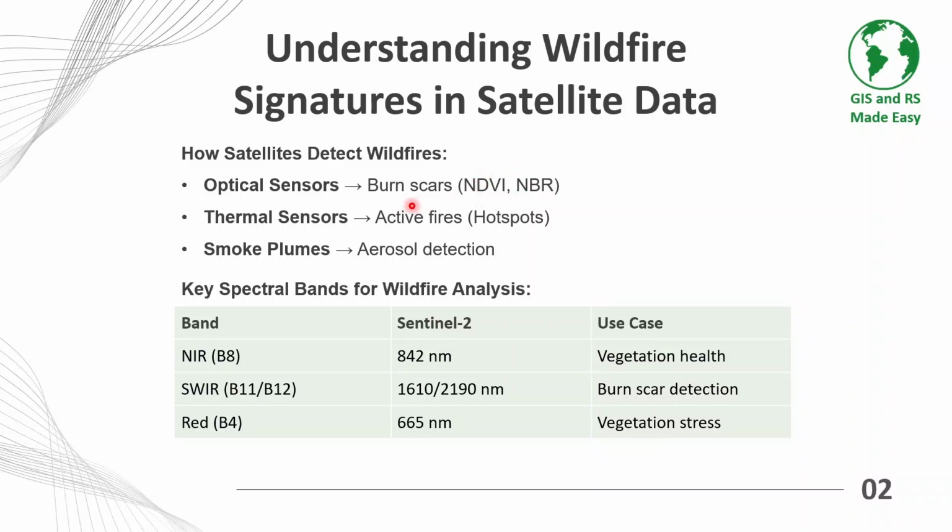And thermal sensors can actively determine the fire's hotspots. Smoke plumes can determine the aerosol. Today we will use Sentinel-2 imagery to determine NBR using band 8 and band 12. Band 8 determines the vegetation health, and band 11 and 12, shortwave infrared bands, can determine burn scars.